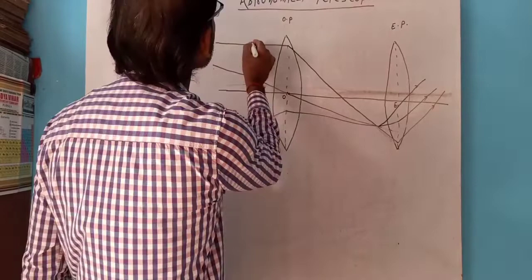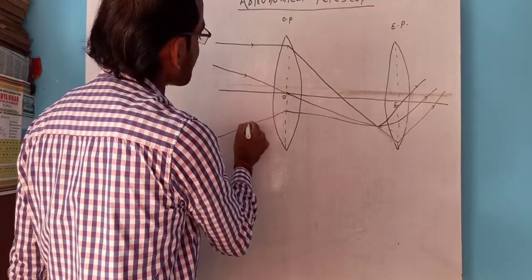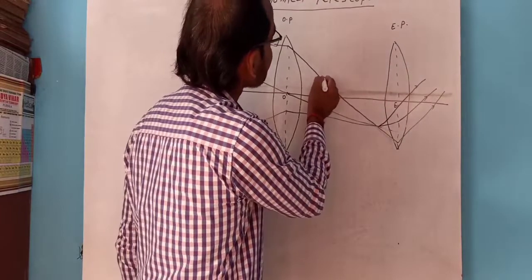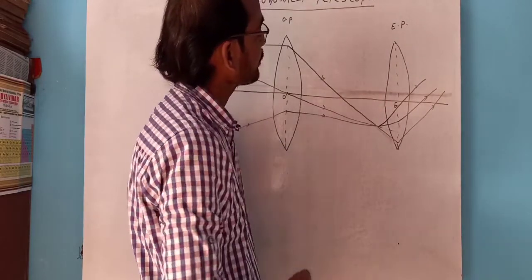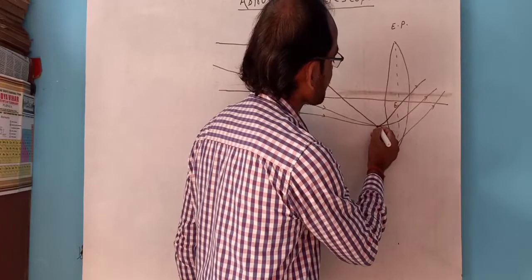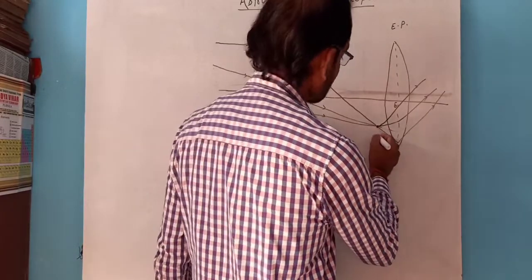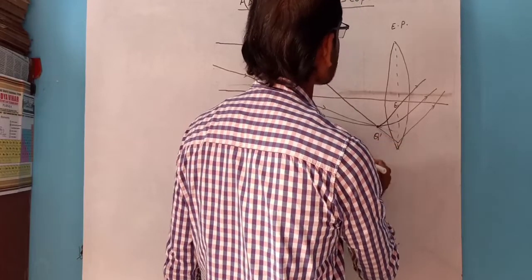The point where the refracting rays meet together is the image point, that is Q dash.